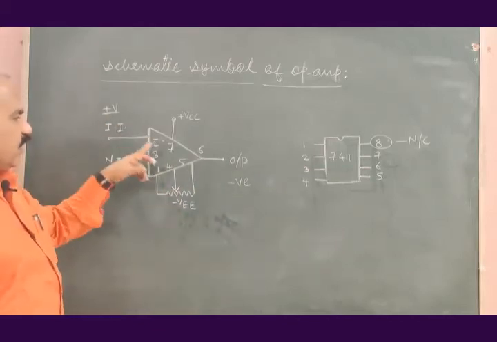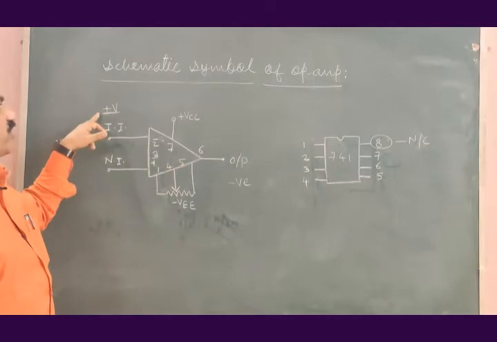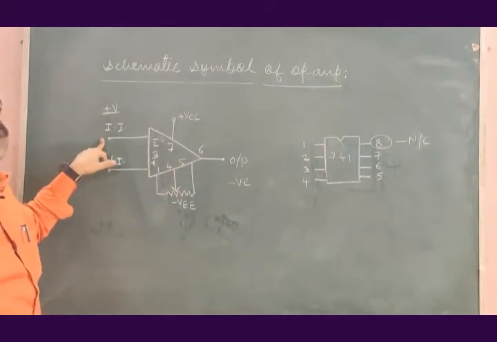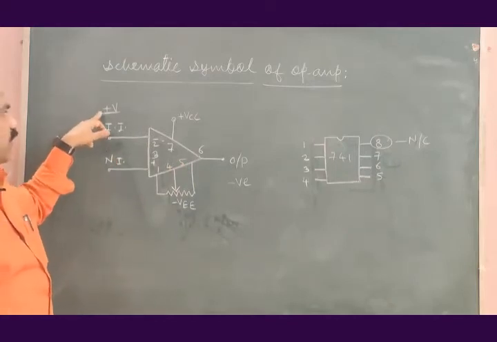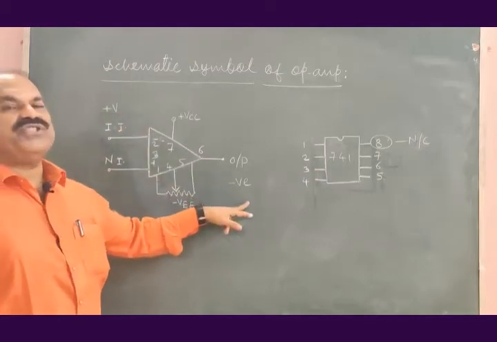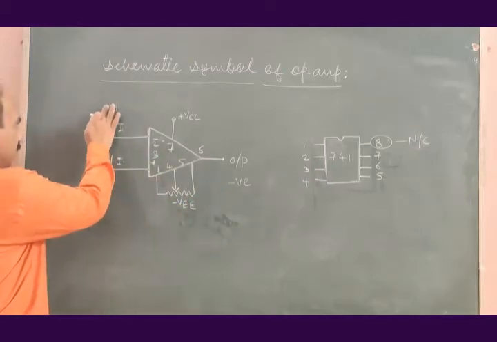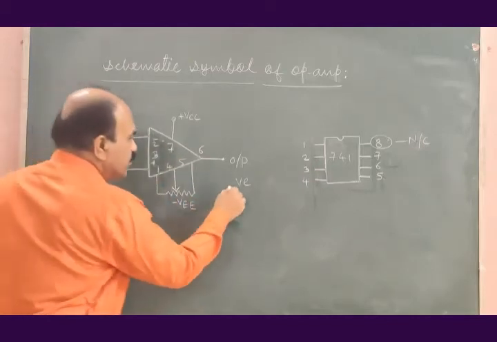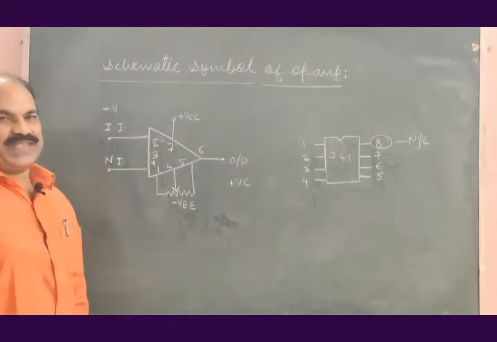That is, the output voltage is opposite to the voltage applied at the inverting input. If this is positive, this is negative. If this is negative, this will be positive.